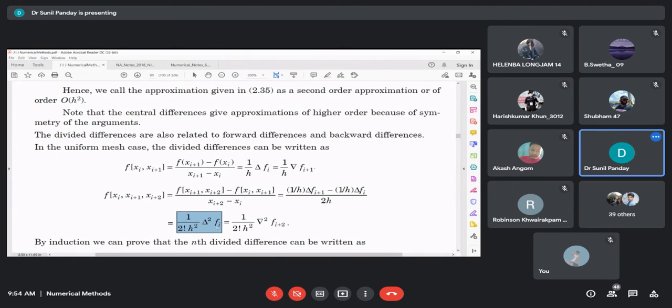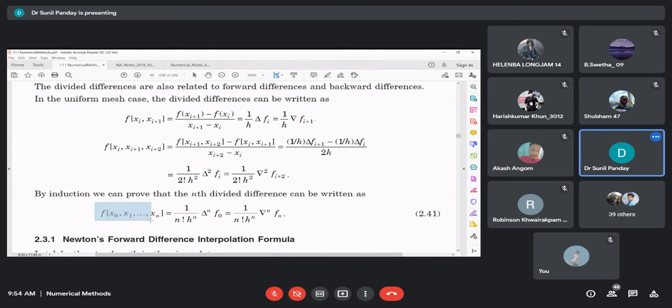In general, the nth order divided difference, if it is calculated for equally spaced values, is equal to 1 upon n factorial h raised to power n times the nth forward difference of f of x.